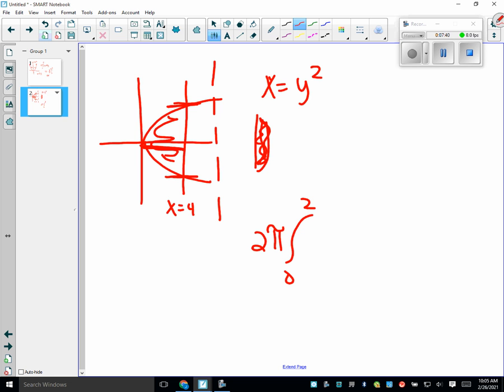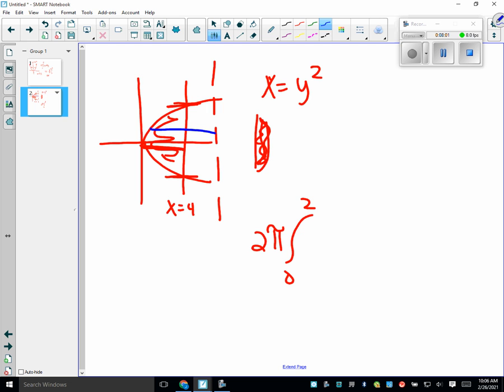Now, isn't it pi r squared? What is r? Is r from here to here?